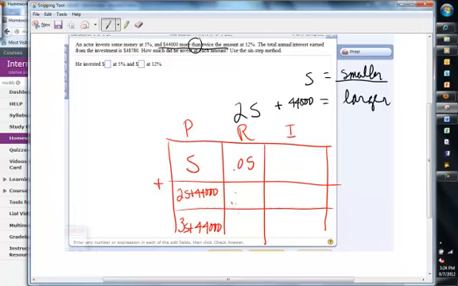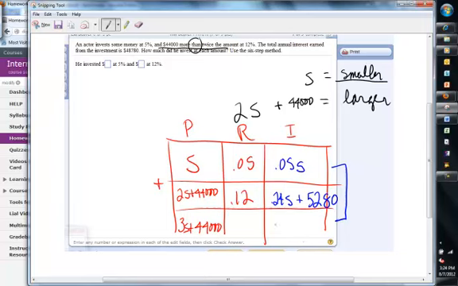The rate of this one is 0.12. So when you multiply going across, this is 0.05S. This is 2 times 0.12, which is 0.24S, plus, now we need to take 44,000 times 0.12, and we get 5,280.